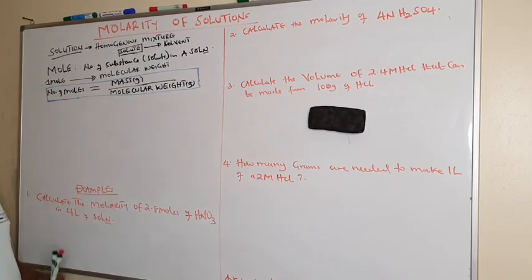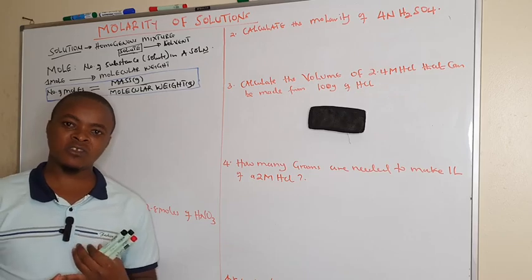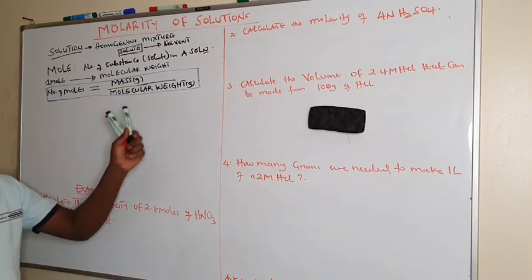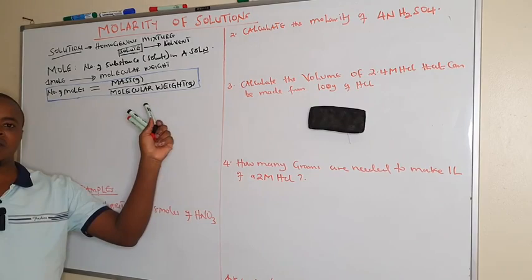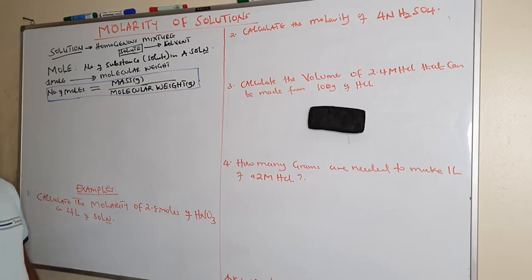And we have gone ahead to see that to calculate the number of moles in a solution, you get the mass of the solute in grams, then you divide by the molecular weight of that solute. That is how we can get the number of moles, as we shall see in different examples.